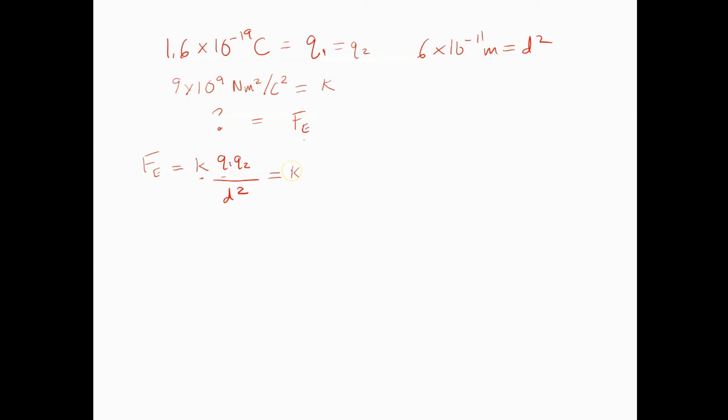So I write down the letter K. Q1 is 1.6 times 10 to the negative 19 coulombs. Now I have to do another charge, 1.6 times 10 to the negative 19 coulombs. This is all divided by the distance squared, and the distance is 6 times 10 to the negative 11 meters, squared.